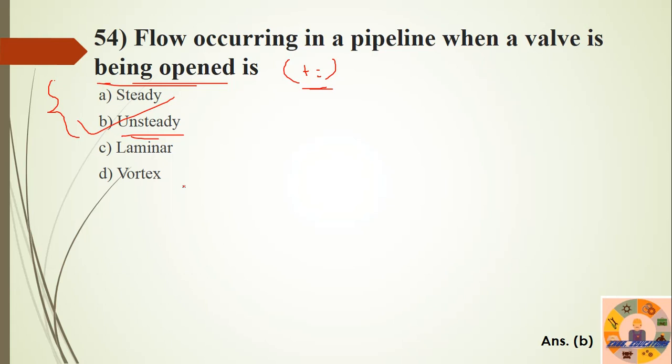And we know in steady flow, fluid property values at a location in the flow are constant and don't vary with time. That means the velocity and pressure remain constant at a location with respect to time, but in unsteady flow the property values vary with time. So when the flow occurs in a pipeline while a valve is being opened, it will be unsteady flow.